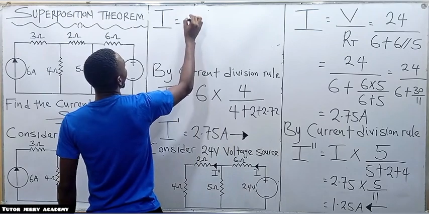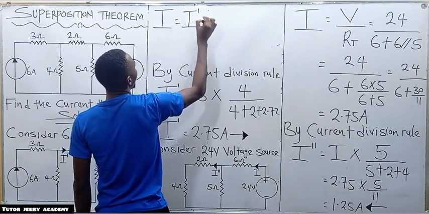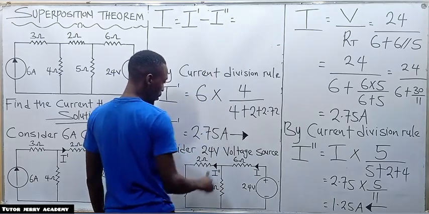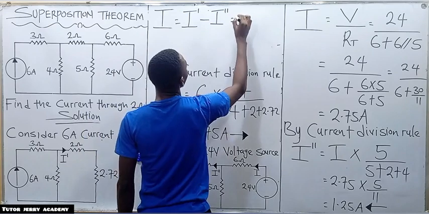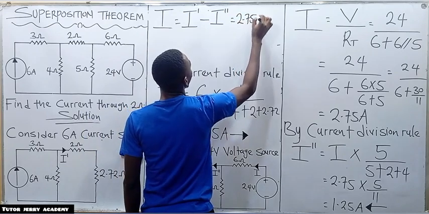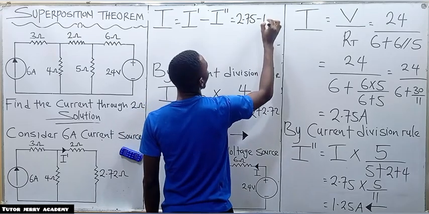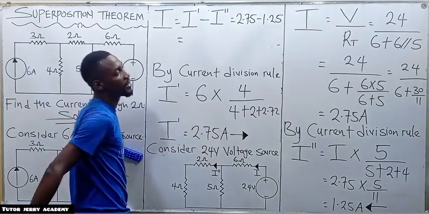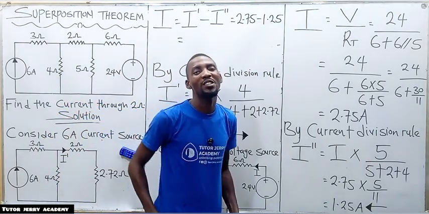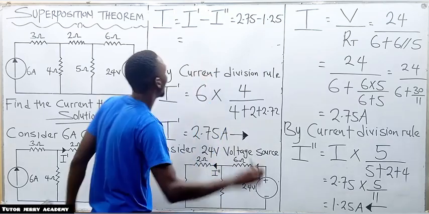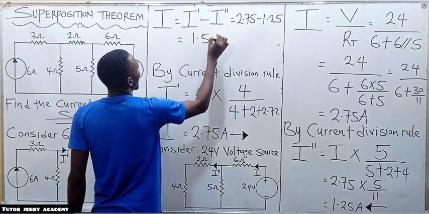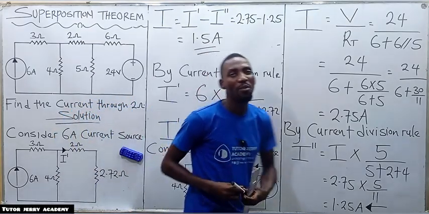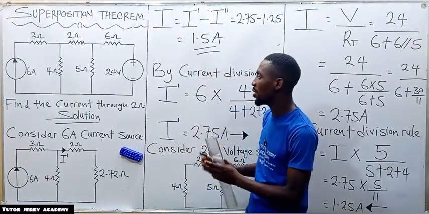It's going to be I prime minus I double prime, which is 2.75 minus 1.25. If you subtract that, you are going to get 1.5 amperes. So this is the solution to the above question by superposition theorem.